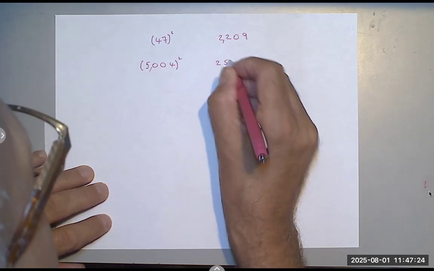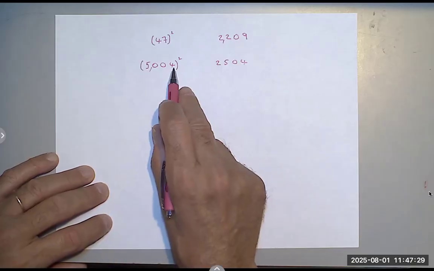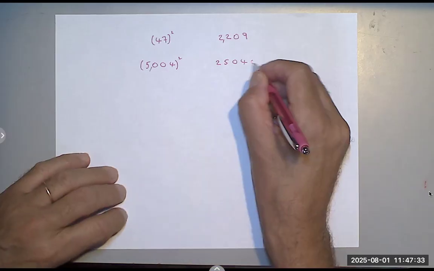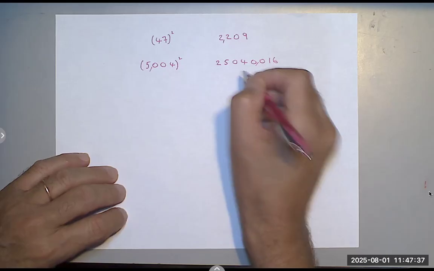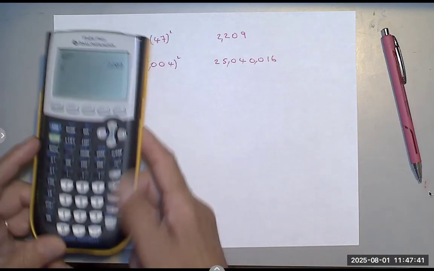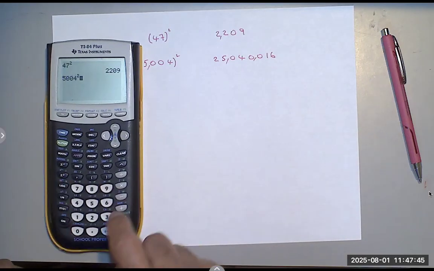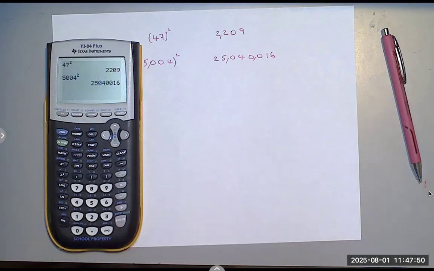So I'm going to write 2,504. And then 4 squared is 16. I have to write it in 4 digits. 0, 0, 1, 6. So it's 25,040,016. Let's check. 5,004 square equals 25,040,016, as I told you.